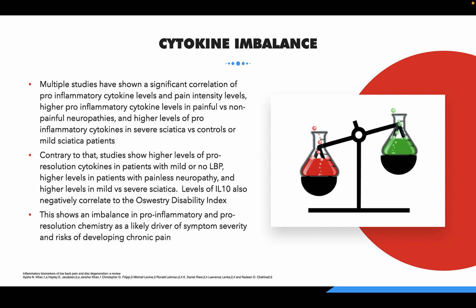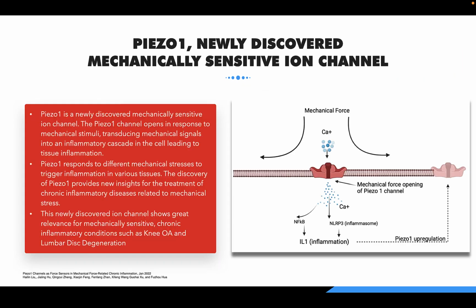Levels of IL-10, which is the pro-resolution cytokine, also negatively correlate to the Oswestry Disability Index, meaning higher levels of IL-10, less disability, and vice versa. This shows an imbalance in pro-inflammatory and pro-resolution chemistry as a likely driver of symptom severity and the risk of developing chronic pain. So let's walk through what this might look like.